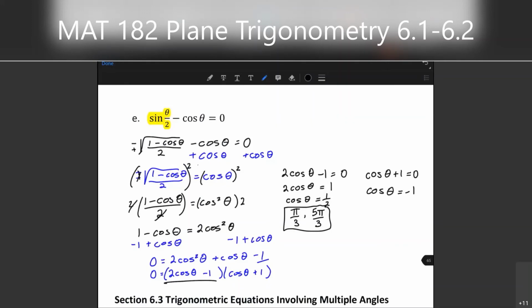Or where does our x coordinate equal -1? That would be pi, right, Aiden? So we'd have theta equals pi. Okay.